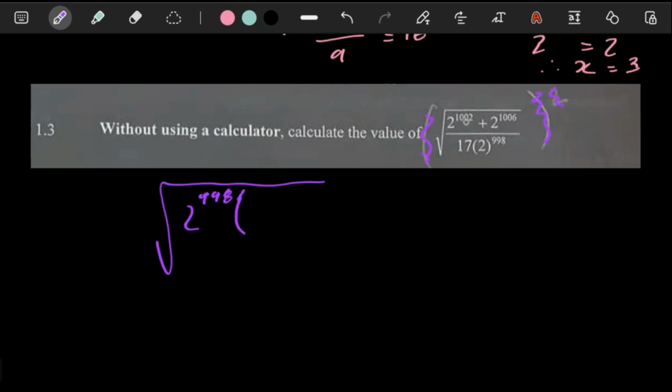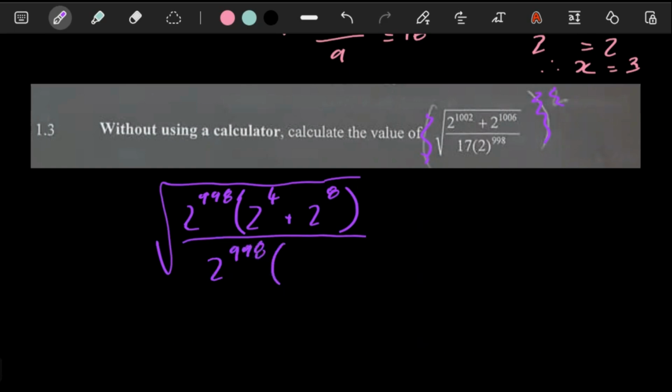Whatever is left, it's going to be 2 to the power of 4, because 4 plus this would give you 1002. And then here you're technically going to have 2 to the 8, because 8 plus this would give you 1006, you see. Because if you were to multiply inside, you should always be able to go back to where you started. Down here, we can take out the 2 to the 998 here.